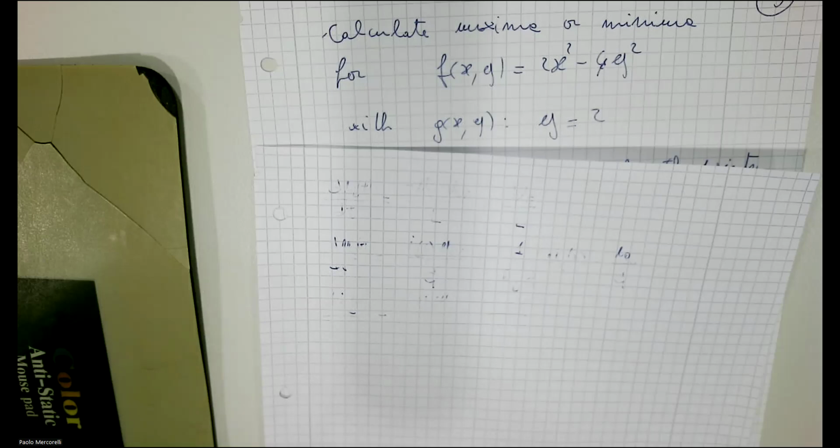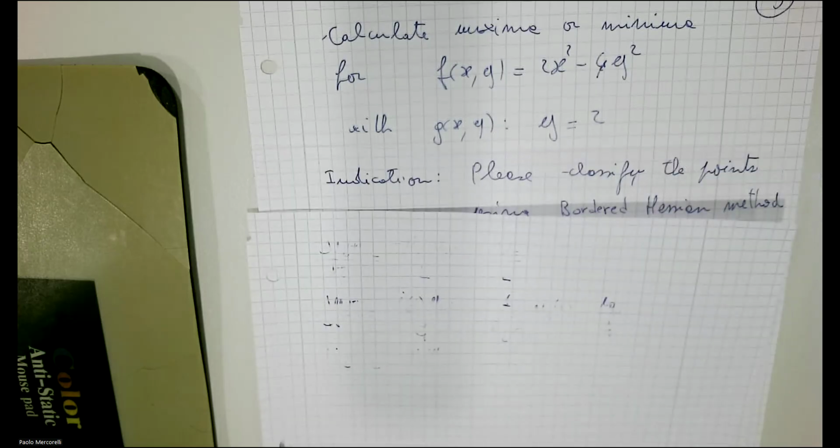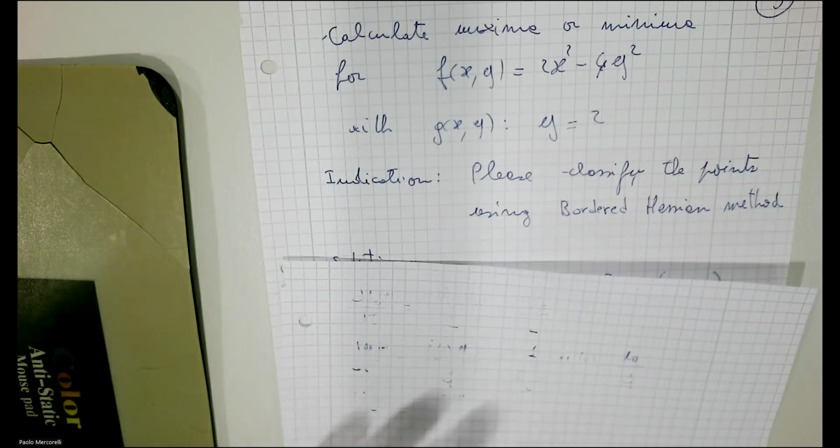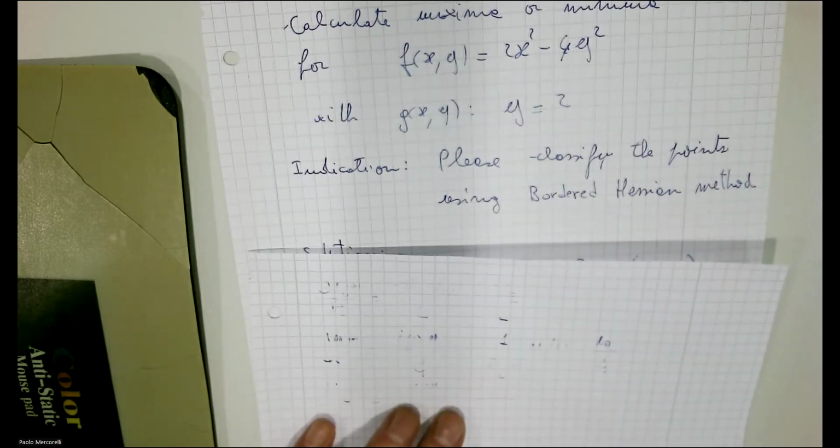Maxima or minima for this function: 2x squared minus 4y squared, and the constraint y equals 2. Indication: please classify the points using the bordered Hessian method. It's not a valid indication because in this semester we did just this one. In the past semester, sometimes we used other methods.